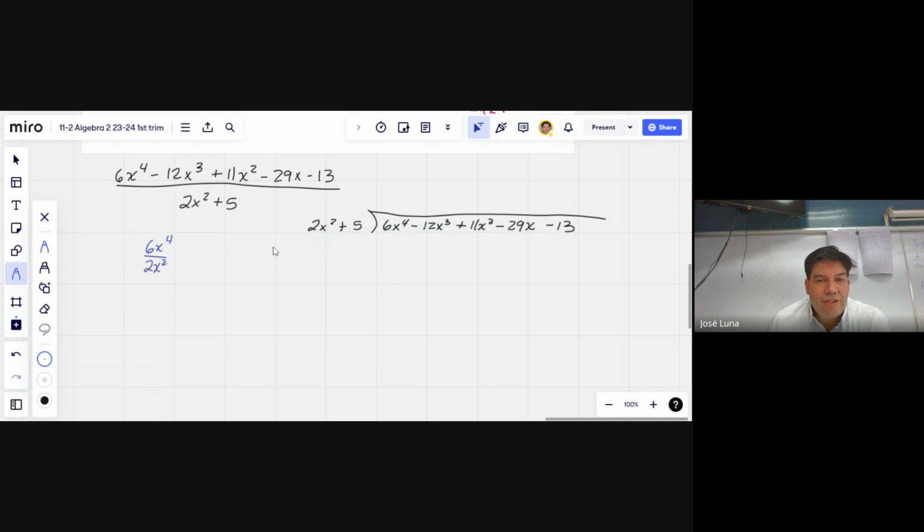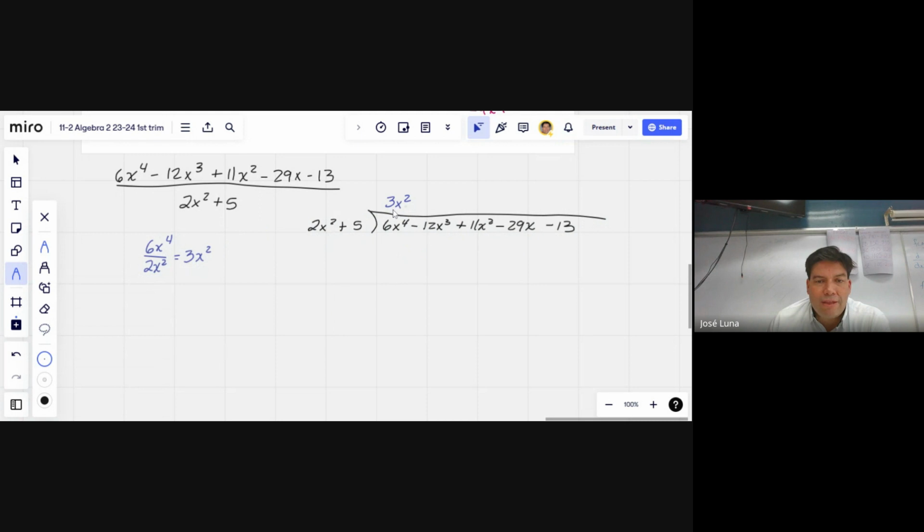You do the division, ignore everything else, just these two. So 6 divided by 2 is 3, and x to the fourth divided by x squared, we subtract exponents. 4 minus 2 is 2, so it's x squared. Okay, so this is our first part of the quotient, 3x squared.